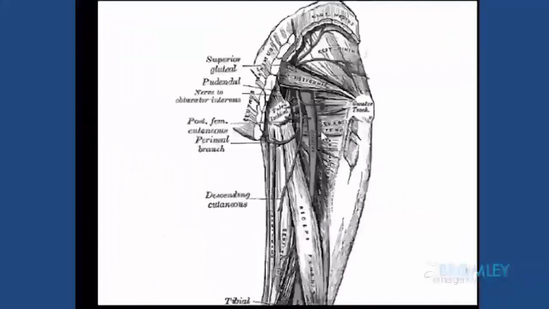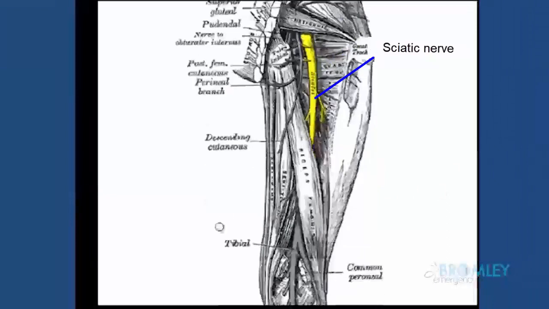Let's pick up the sciatic nerve as it runs down the back of the leg. Let's pick up its colour here, runs down the back of the thigh, responsible for the hamstring muscles, the flexors of the knee, and it divides just above the popliteal fossa into the tibial and the common peroneal nerves.